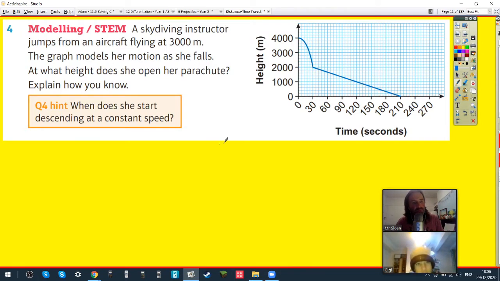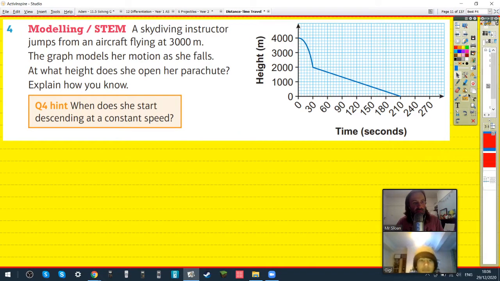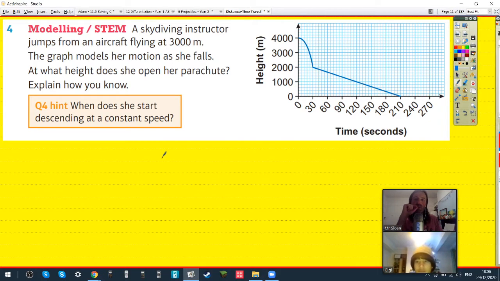How about this? She opens her parachute at 2,000 meters. Yeah. Grand.